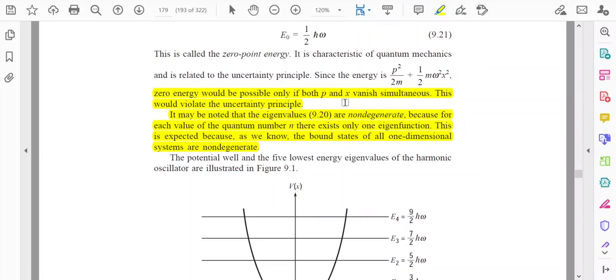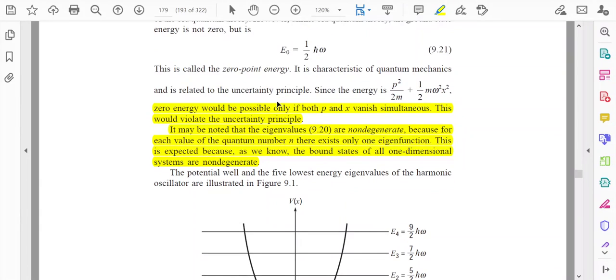If both vanish simultaneously, then position is definite and certain, and momentum is also definite and certain, but this would violate the uncertainty principle, so this is not possible. So what we have deduced is that the lowest value E0 is equal to half h cut omega, as per the statement of the uncertainty principle.